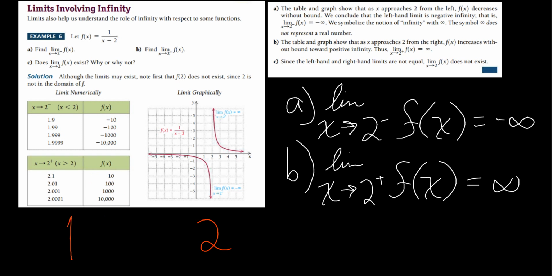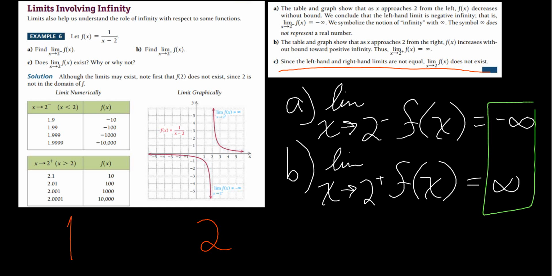Since these two are not the same, we can say that the limit of this function at the value of 2 does not exist. And that's what this last sentence is saying: since they are not the same, the limit does not exist at the number 2.